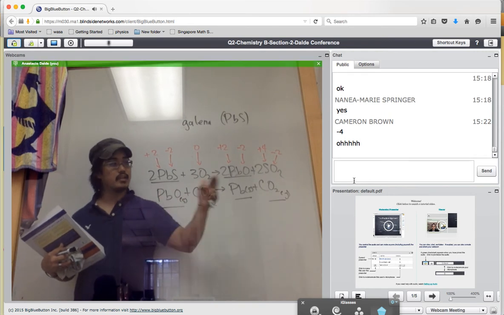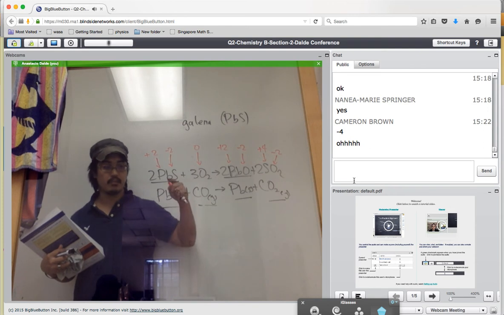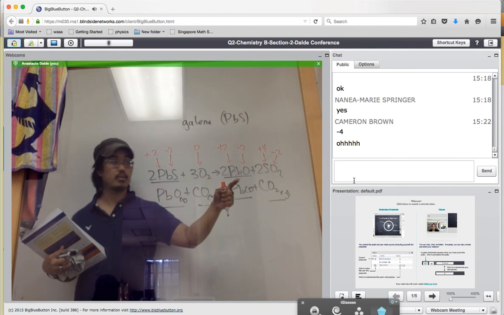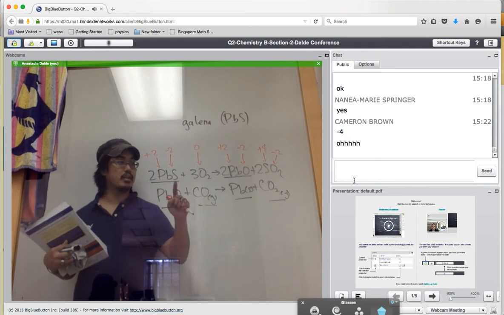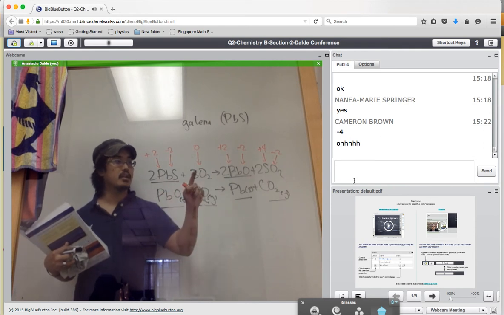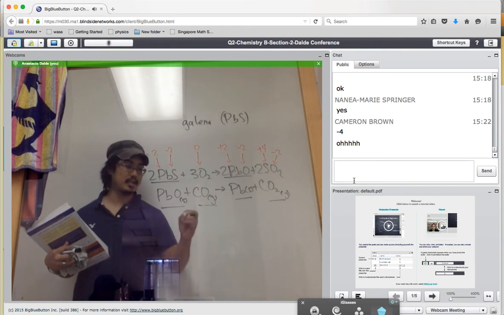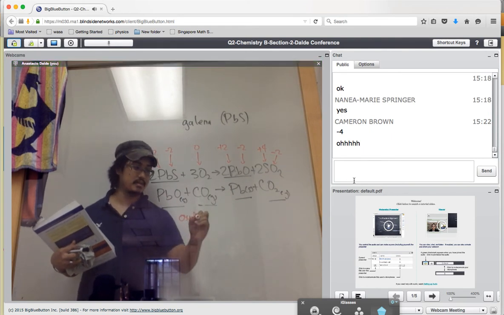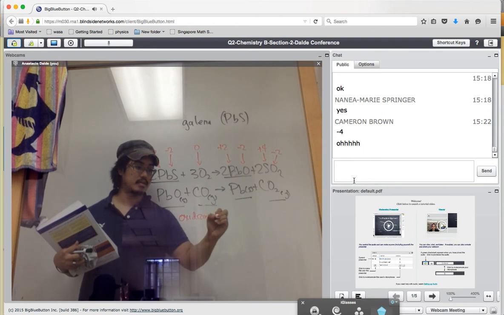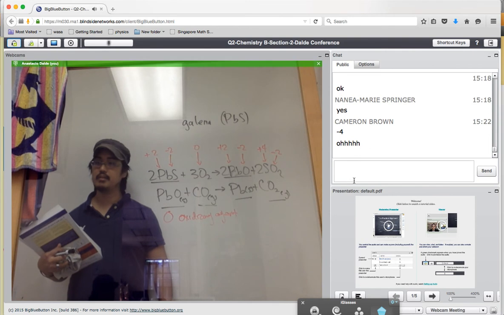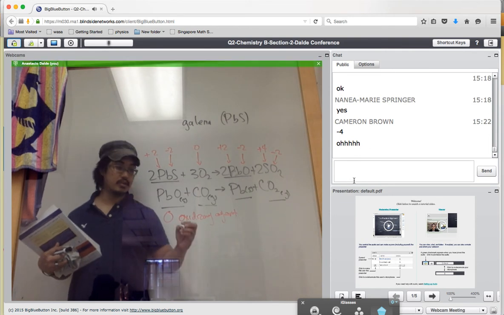For the lead, did the lead change in oxidation number as I went from here to here? It went from +2 to what? No, +2. Look, it didn't change. For the oxygen, it went from 0 to what? -2. So that's your oxidizing agent. Oxygen. Got it?